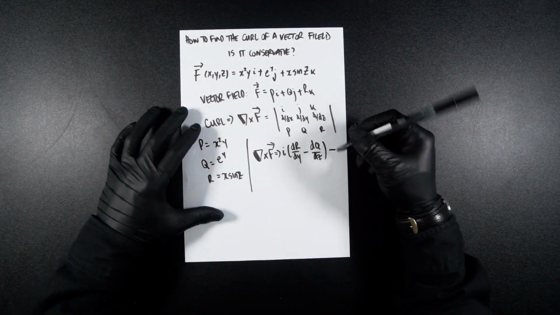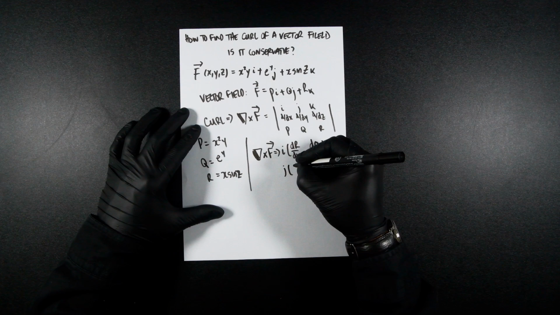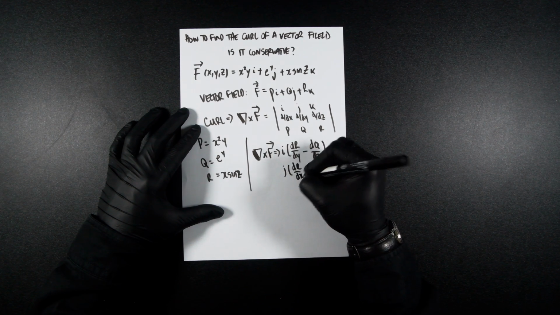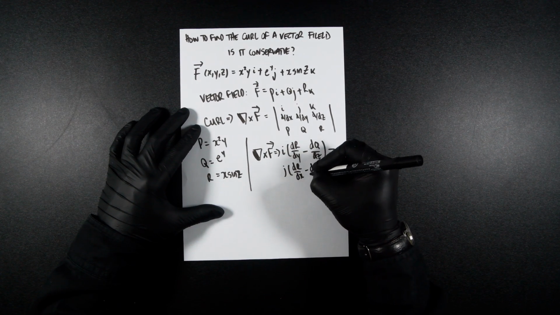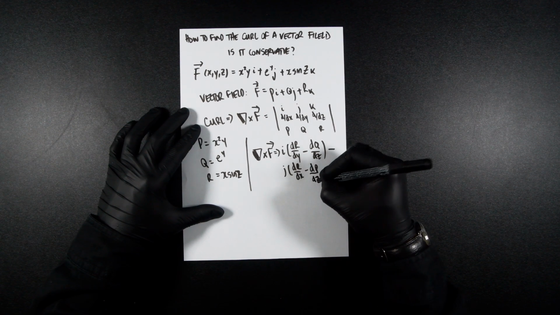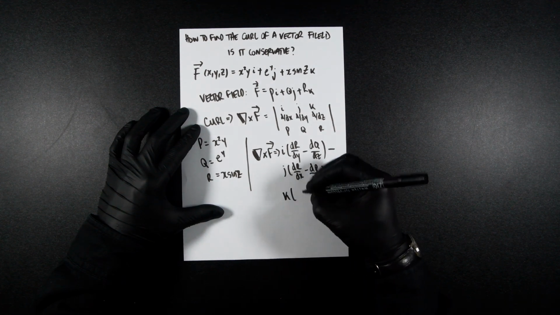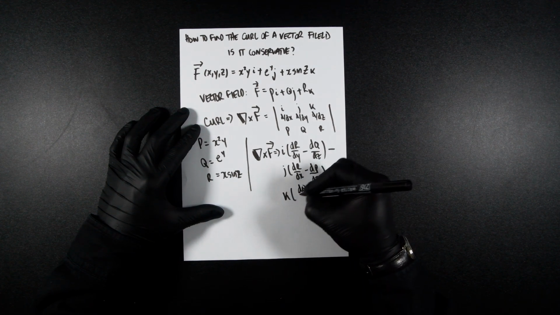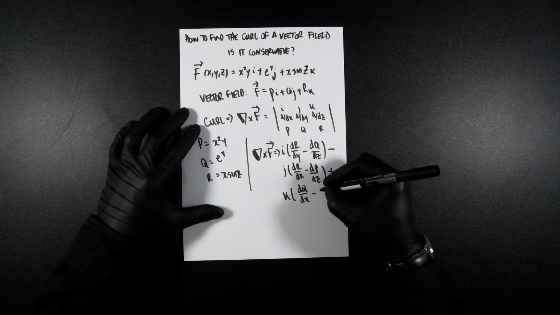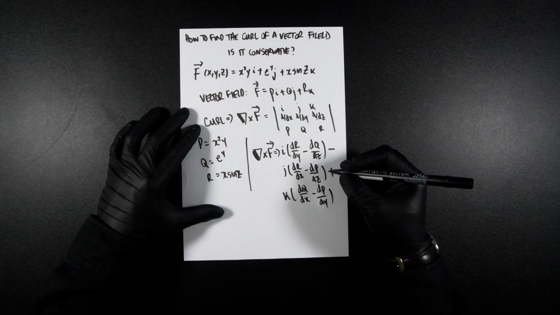Again, watch the determinant video if you're unfamiliar with how to do this. It's going to be j, and then dR over dx minus dP over dz, plus k, dQ over dx minus dP over dy.